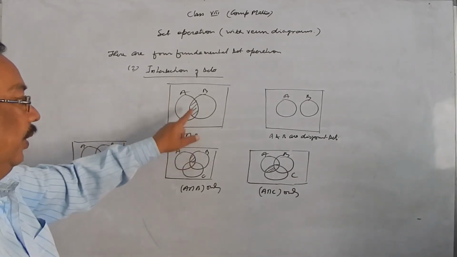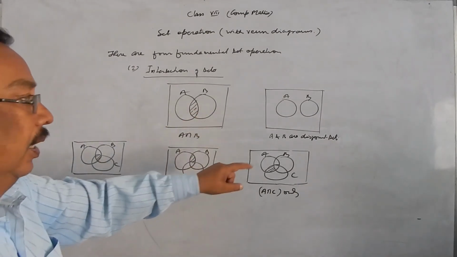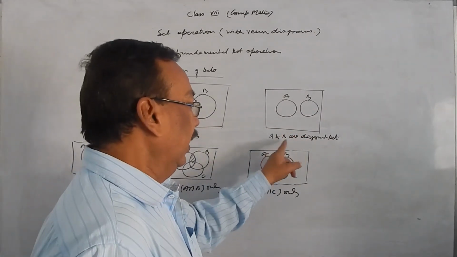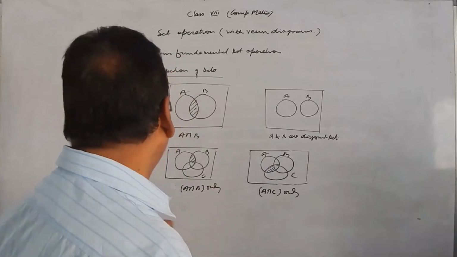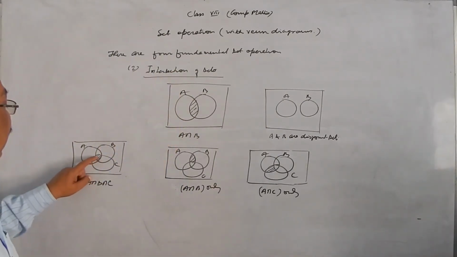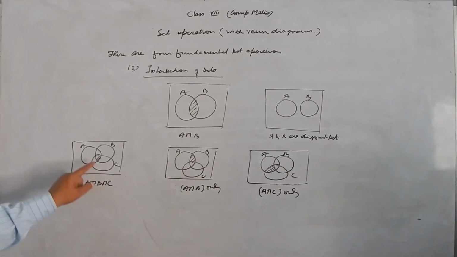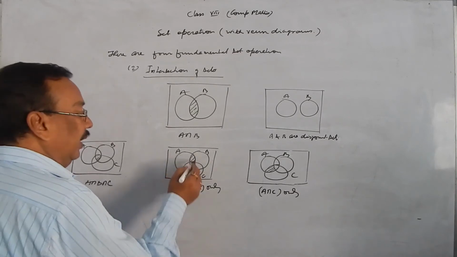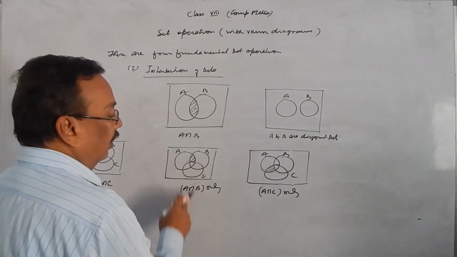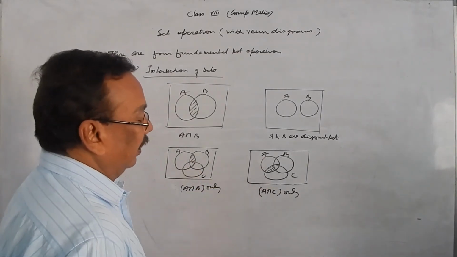Here A and B. This is the common part. Here nothing is common because A and B are disjoint, so not shaded. Here this one is shaded, so A intersection B intersection C, all of this part is common for A, B, C. Here only B and C. Only A and C.